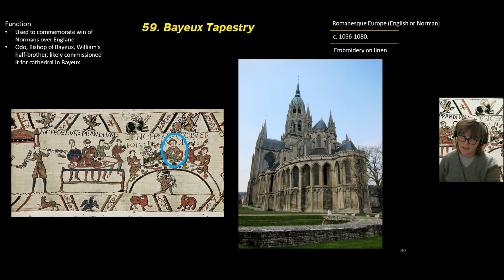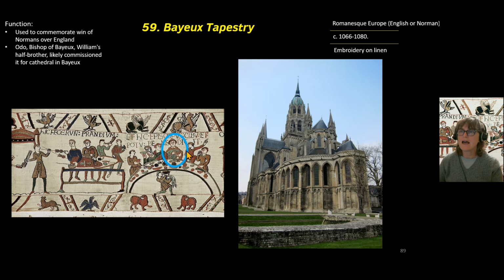Okay, so the function of this Bayeux embroidery is that it commemorates the win of William the Conqueror from Normandy, France, over Harold from England. And this guy who we see at the dinner is William the Conqueror's half-brother, Bishop Odo.